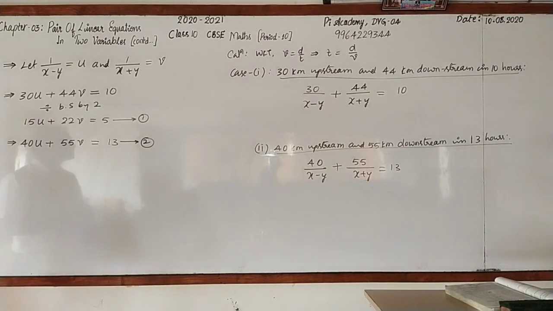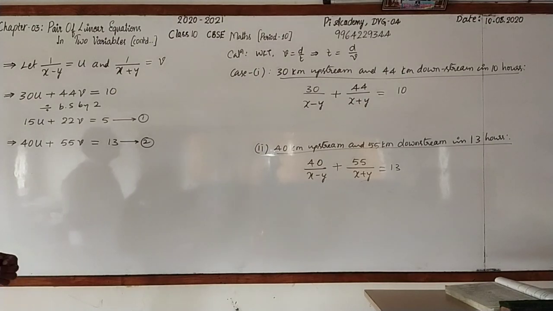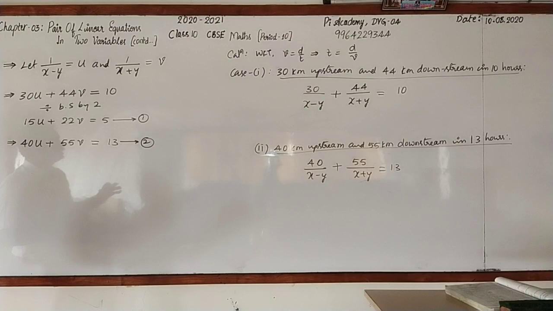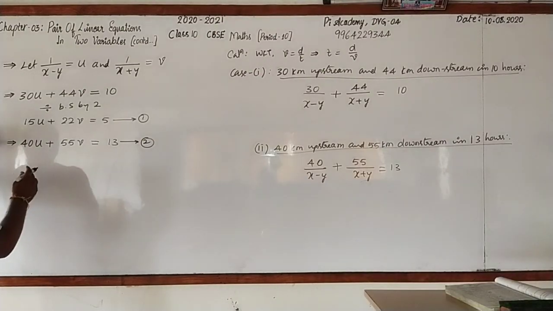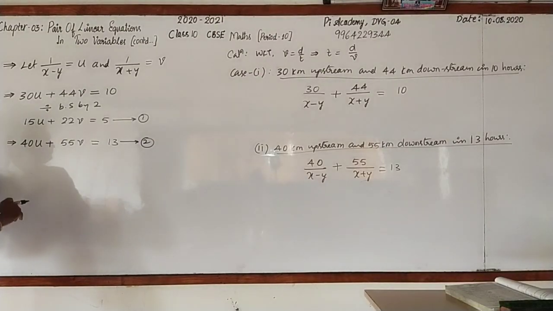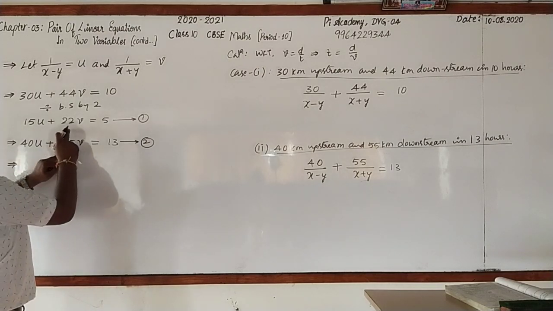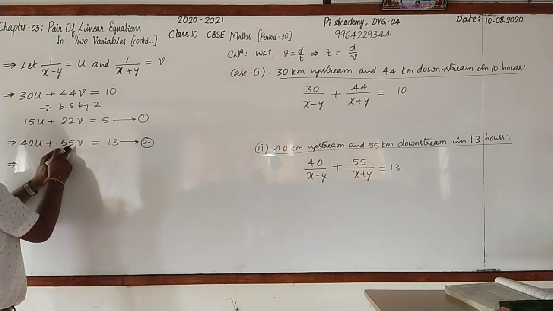Then how do you go for solving them? You may go for either substitution, elimination or cross multiplication, whichever you want. But in the examination, if they ask you to use a particular method, you have to follow the same. Here, let's go for elimination. This will be easier. Here 22 is there, here 55.